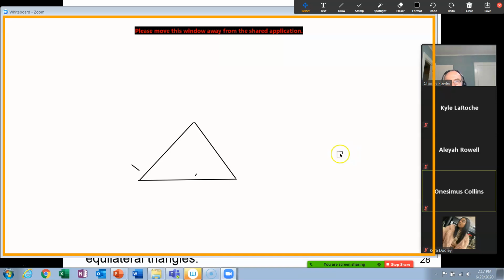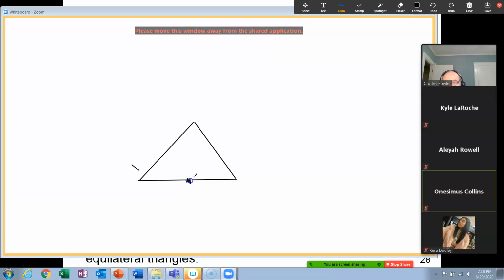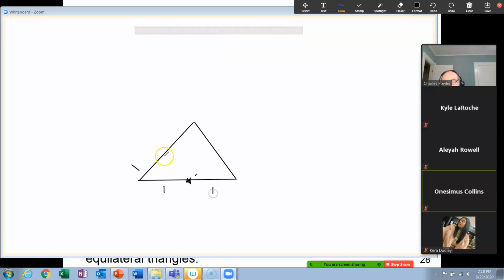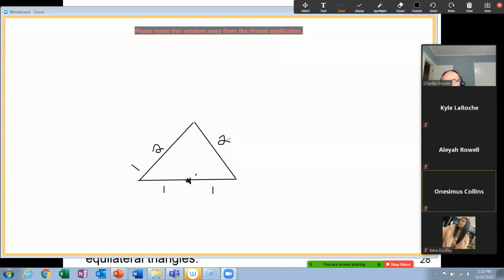Now, like I said, I'm going to make up some numbers here. Let's just say that this length here is 1, and this would be 1. That makes this 2, and that's 2. For any equilateral triangle, those are going to be your lengths. This length here is what we're looking for as the height of that rectangle.